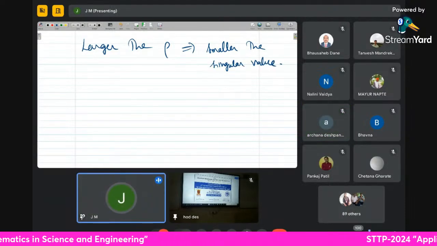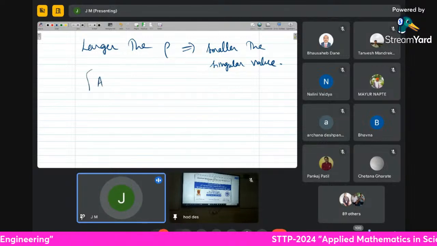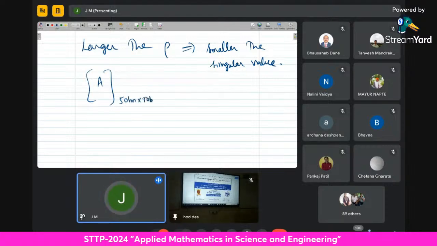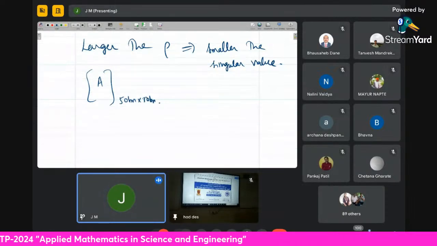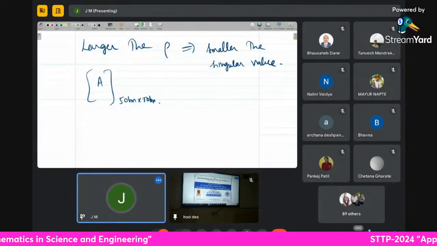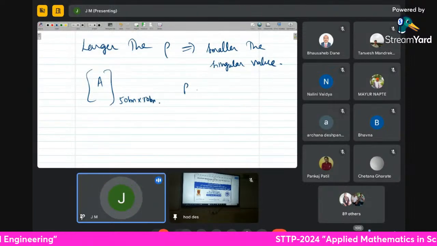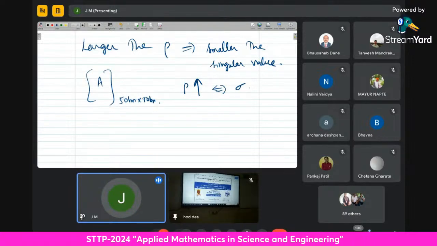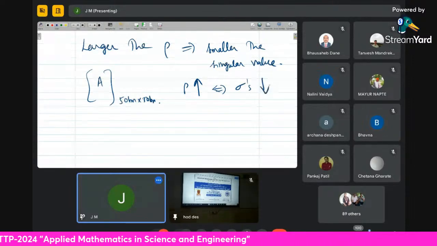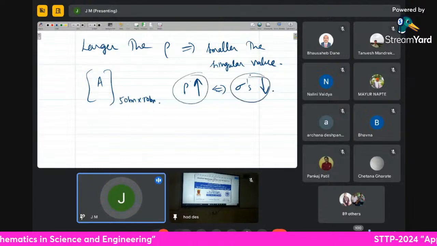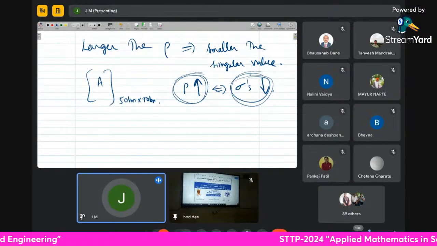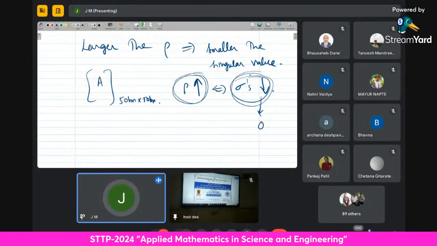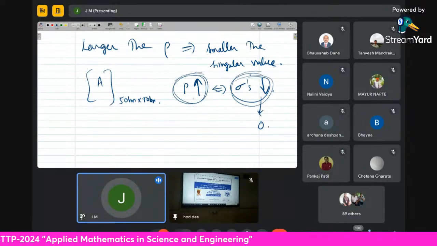Suppose you have a very big matrix A, of order say 50 billion by 50 billion, and your computer is finding the singular values. If you see that your condition number keeps on increasing, it means your sigmas are decreasing. They are non-negative, so that means the smallest one is approaching zero.